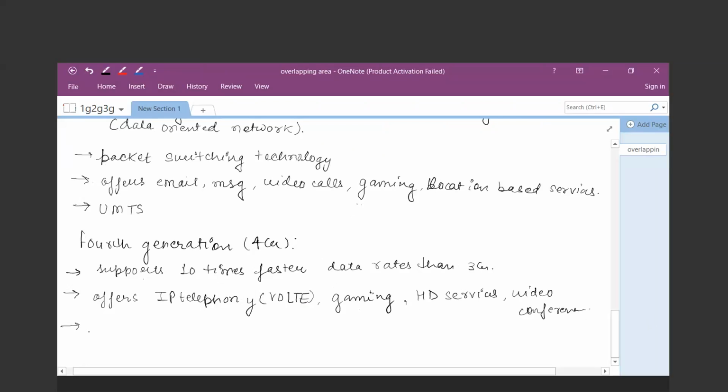And it is based on certain other standards. It is not the advanced version of 3G, 2G, or 1G. It does not incorporate the technology which is already defined in 2G, 1G, and 3G. It has its own architecture and its own standards. So it is based on two standards basically.